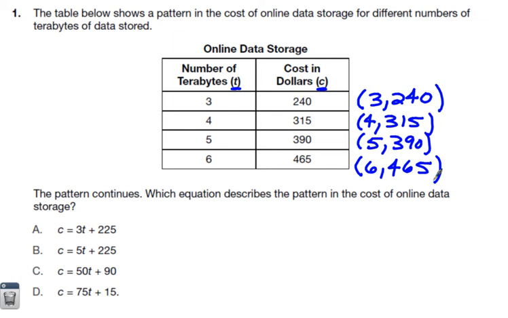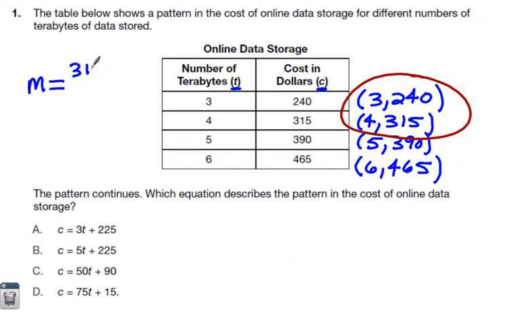What do you start with first? When you're given 2 points, don't you find the slope first? You're going to go with the formula for slope. I'm just going to use the very first 2 points, so it's y2 minus y1 all over x2 minus x1.